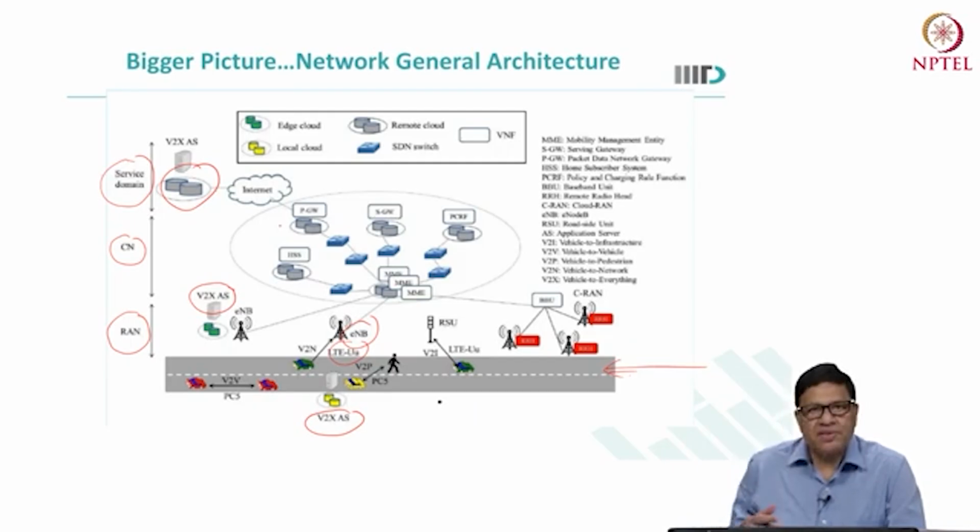So depending upon the urgency or the latency requirement for different applications in V2X communication, they are processed either at the core level, or in the layer on the road itself, or at the edge, which is an application server located in the remote access network, or in the cloud.